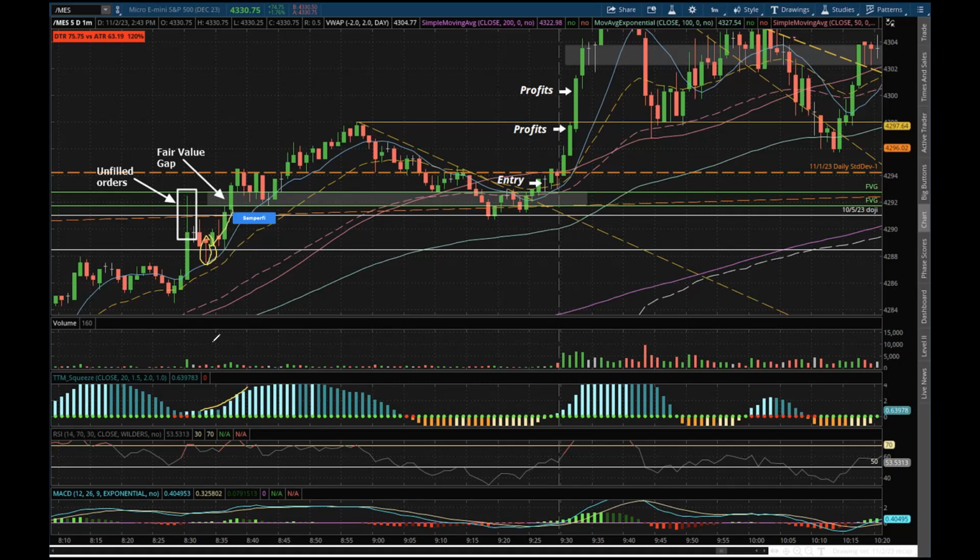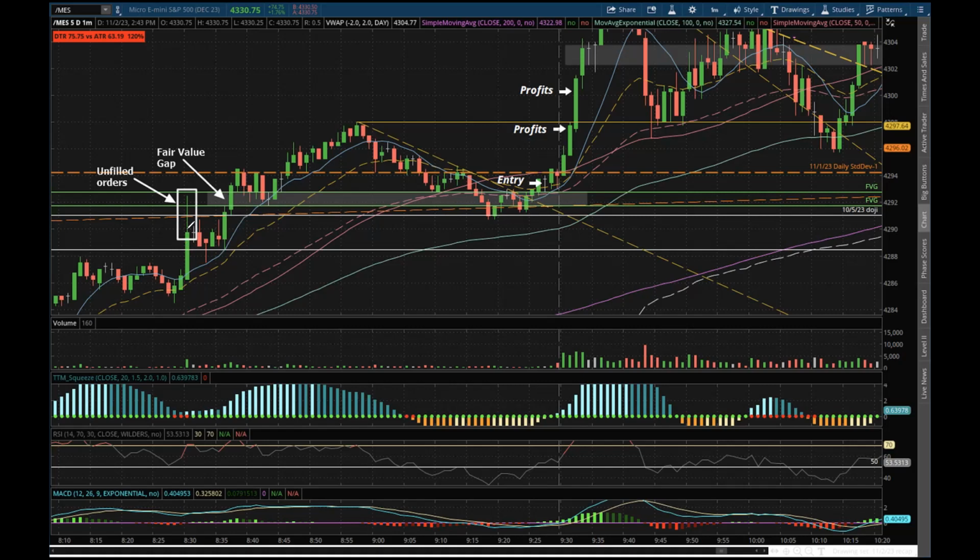What gave you the confidence to get in? You said you saw this candle and it looks strong. What did you see on that candle that made it strong to you? You said you saw that big data candle and it looked strong, and you wanted to get in. Yeah, 100%. Well, it was the size of the wick.